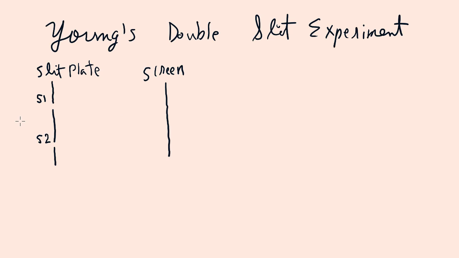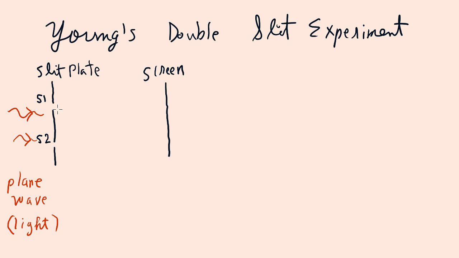So what happens on the left side of the slit plate? On the left-hand side of the slit plate, let me choose a color here, there's a plane wave of light that goes and hits the slit plate, and most of the light will be reflected or absorbed on the slit plate, but because we have made these small apertures, light will leak through these apertures.